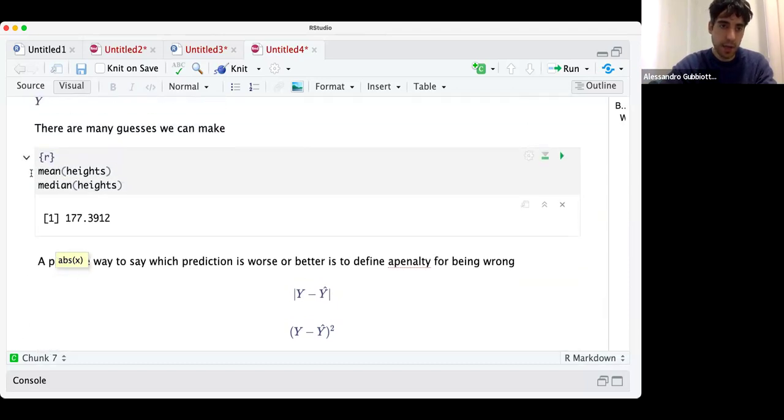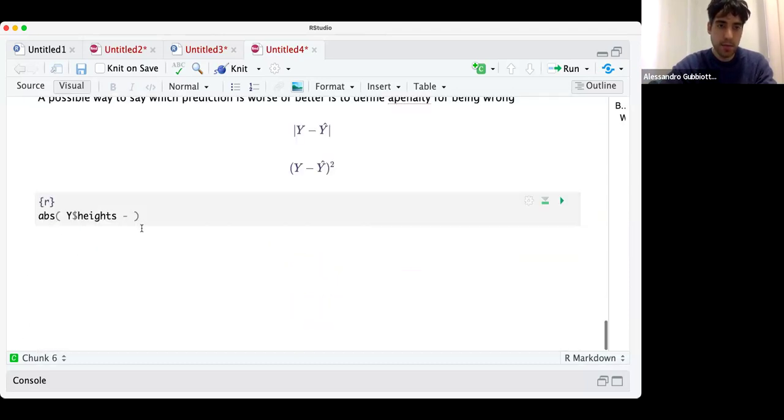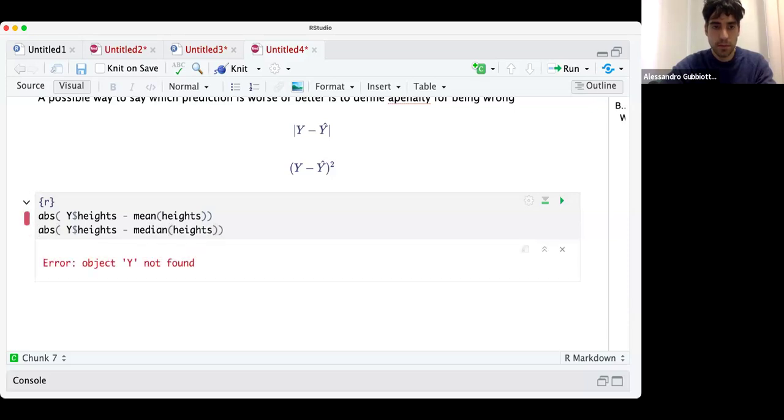Let's take first the mean, or the same with the median, to see which one is worse with the first function.